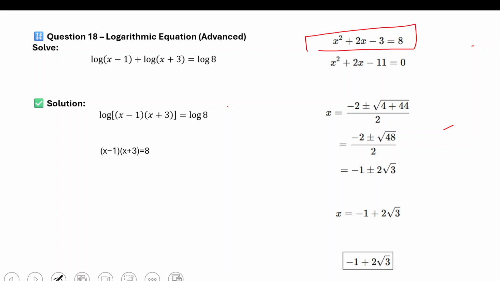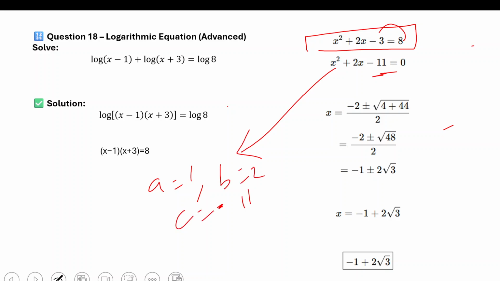And then it can come here and become minus 11, right? So at this point, I will use the formula method. A is 1 for this particular case, B is 2, and C is minus 11. We're going to put them in the formula equation.